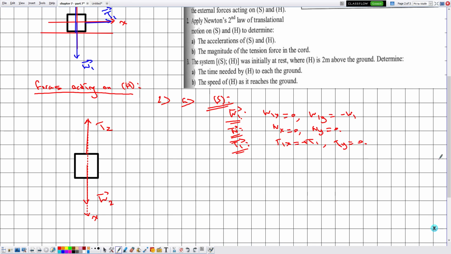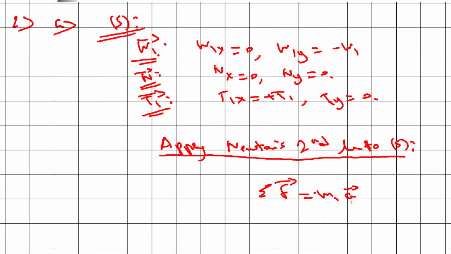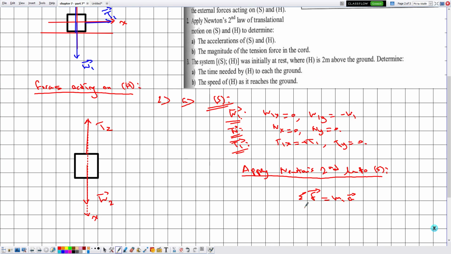Now let's apply Newton's second law to S. We have that the sum of forces is equal to m1a. So this is the sliding mass.